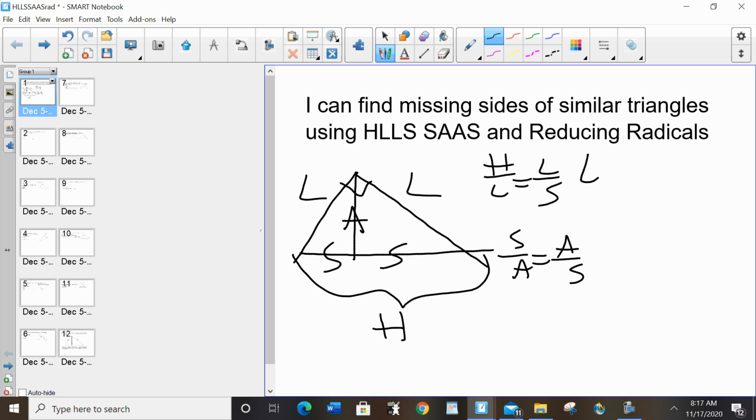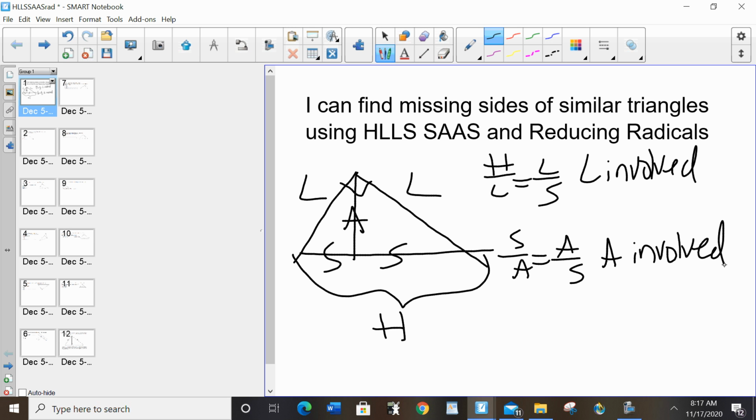If there's an L involved, we use HLLS. If there's an A involved, we use SAAS. So we already did a lesson on that. If you're not comfortable with it, you can look back at that.